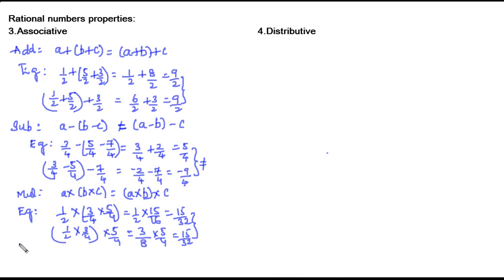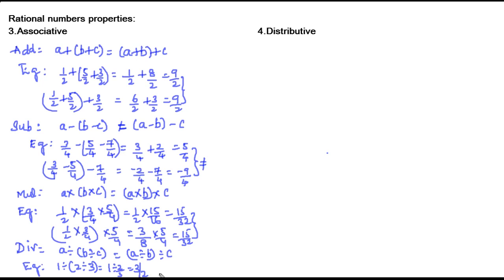Let's look into division, which is represented by, if a divided by (b divided by c) is equal to (a divided by b) divided by c. Let's consider one example. As you know that 1 is a rational number, right? 1 divided by (2 divided by 3), which will be equal to 1 divided by 2 by 3, or we can write it as 3 by 2.